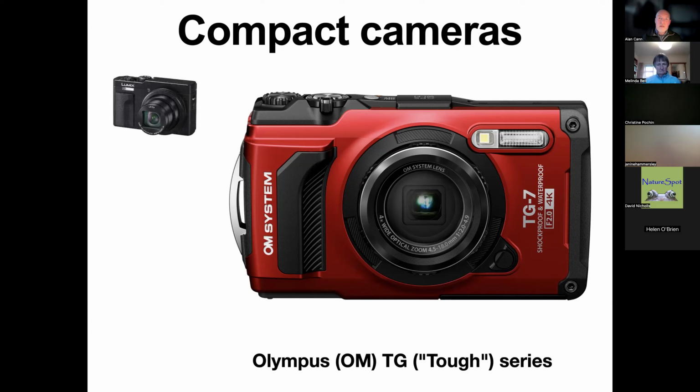And you can't find used TGs because once people have got them, they just hang on to them. So that's the one exception. But Panasonic, Canon, Sony, they all make good compact cameras, and you can get them quite cheap used, and they can take good macro photographs. But the Olympus cameras are some of the best. If you're absolutely insistent on a recommendation, that would be my recommendation.